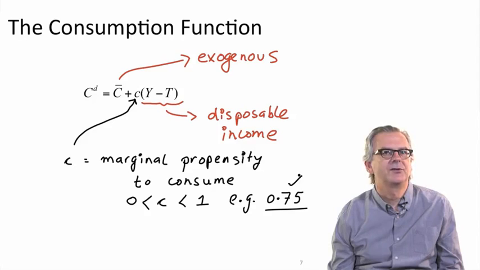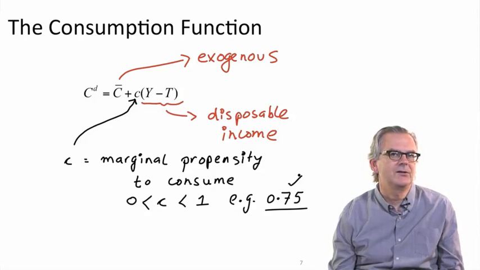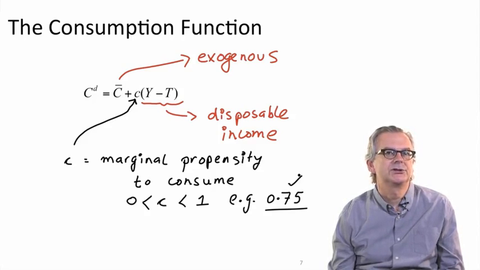So the marginal propensity to consume is a measure of the proportion of any increase in disposable income that is received that flows into increased consumption expenditure.